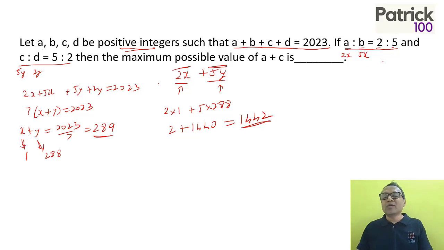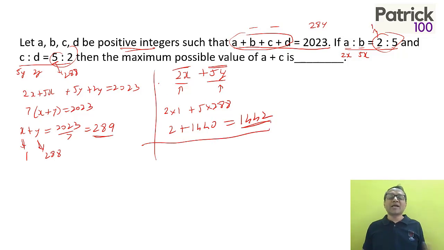Technically, this total is 7 and this total is 7, so overall it is a multiple of 7. If you divide 2023 by 7, you get 289 times. So the sum of the two values is 289 times, but you want to maximize C, which will be 288, and minimize this one, which will be 1. You get the answer as 1442.